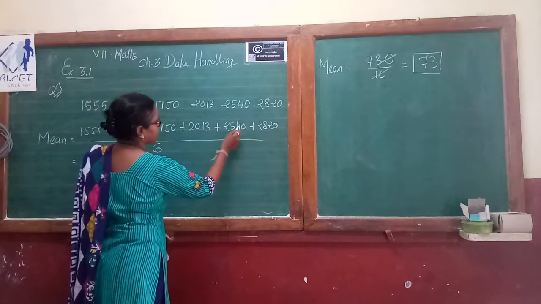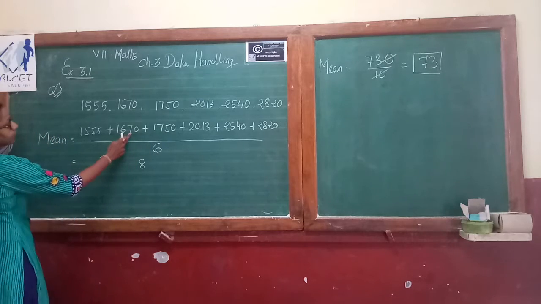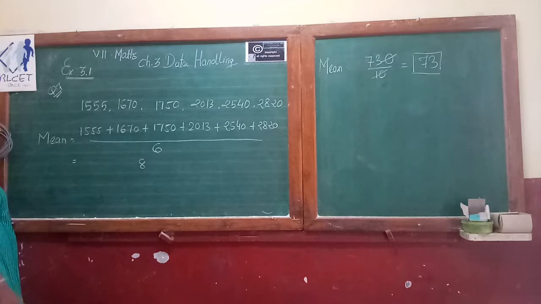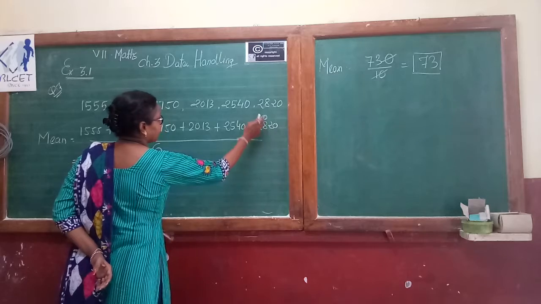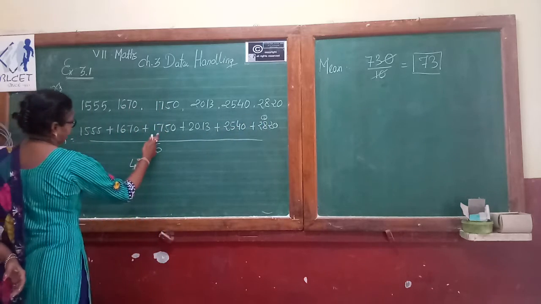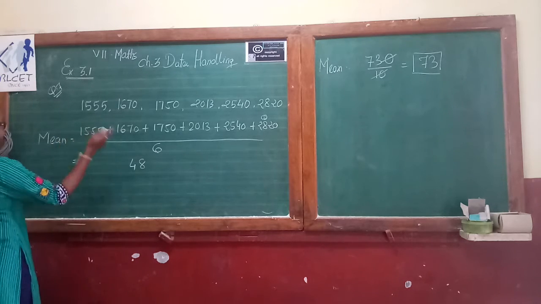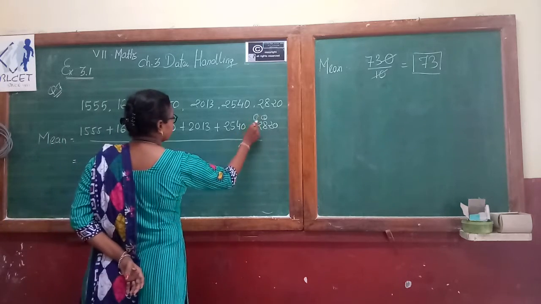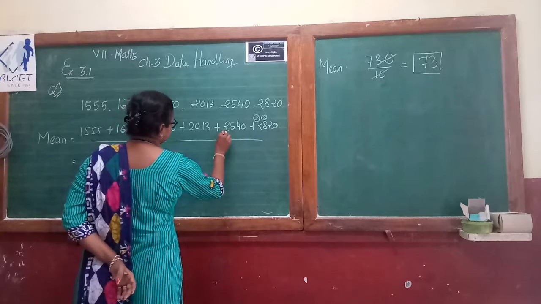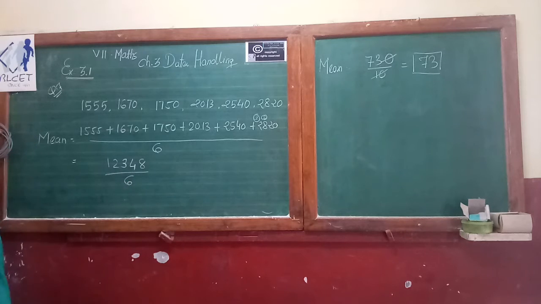Then here it is 2 plus 4, 6 plus 1, 7, 7 plus 5, 12, 12 plus 7, 19, 19 plus 5, 24, 4, please carry over 2. 10, 10 plus 5, 15, 15 plus 7, 22, 22 plus 6, that is 28, 28 plus 5, 33, 3 is carry over. 3 plus 2 is 5, 6, 7, 8, 9, 10, 11, 12. 12,348 divided by 6.